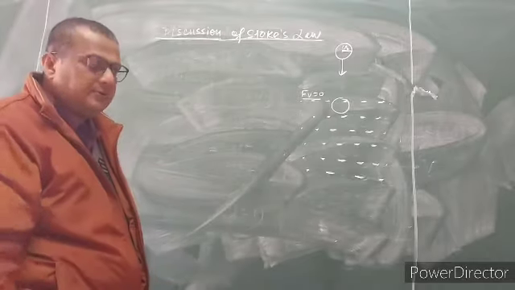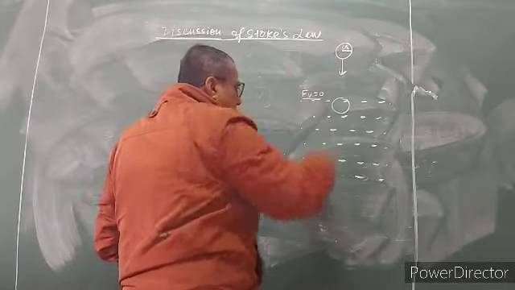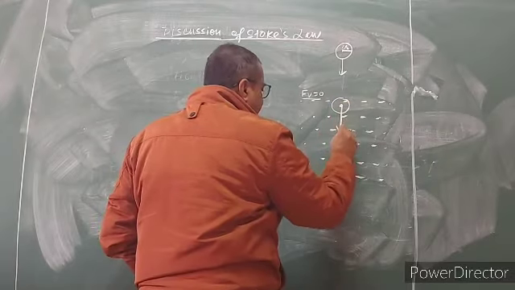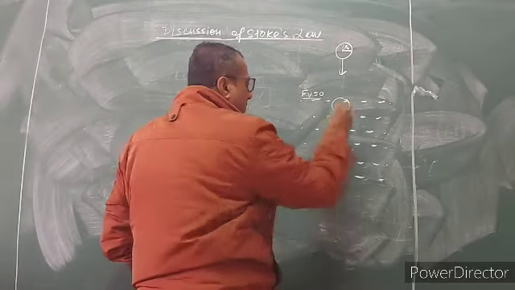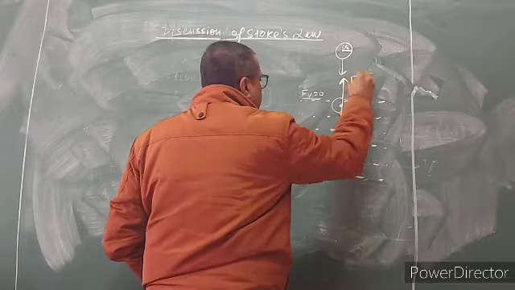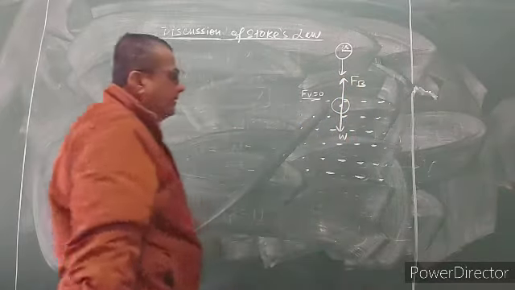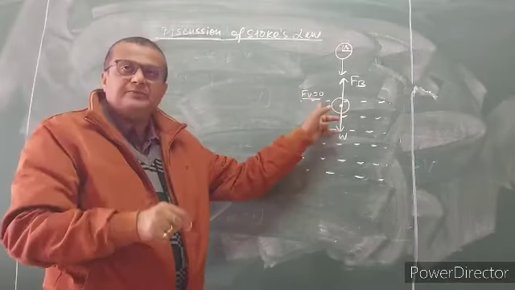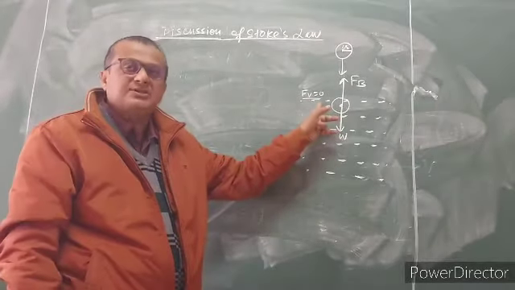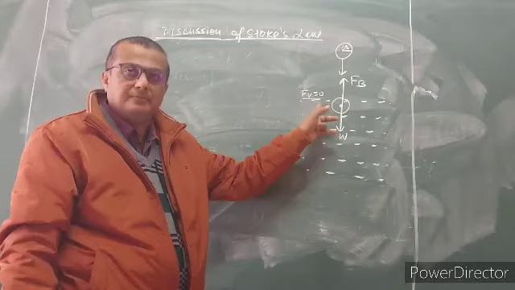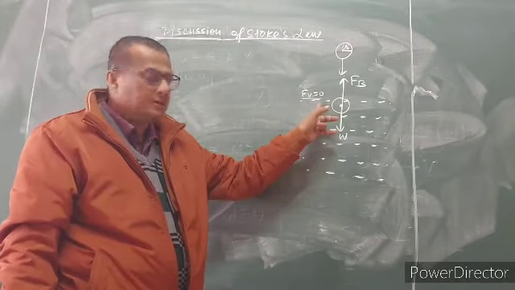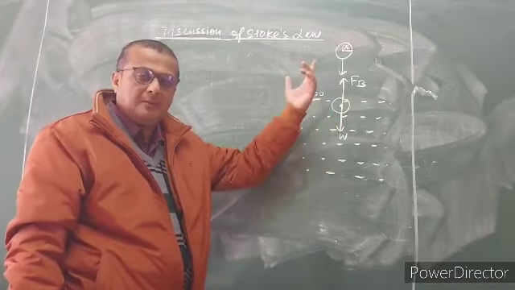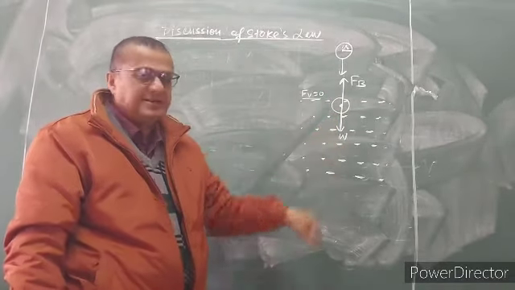But when it enters, its weight is acting and the buoyant force will act in the upward direction. Initially, in between the first two layers, viscous force will be 0. But there will be a buoyant force acting upward and weight acting downward.